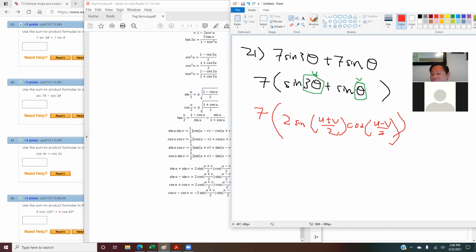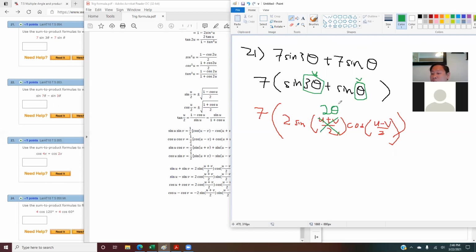So what is u plus v over 2 in this case? 3 theta plus theta over 2. Yep, which is what? 3 theta plus theta is 4 theta over 2, which is 2 theta.